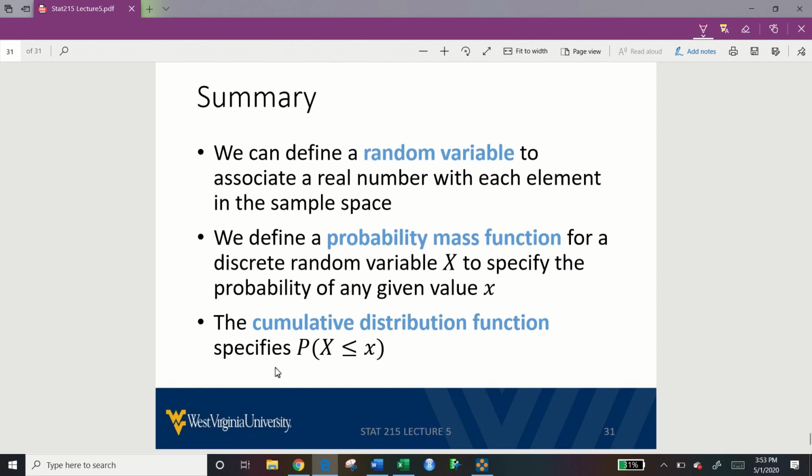So a summary of what we've done so far in this lecture: we now can define a random variable to associate a real number with each element in the sample space. 2, we can now define a probability mass function for a discrete random variable x to specify the probability of any given value x. And we've learned about the cumulative distribution function, and we specified it as the probability of x less than or equal to x.